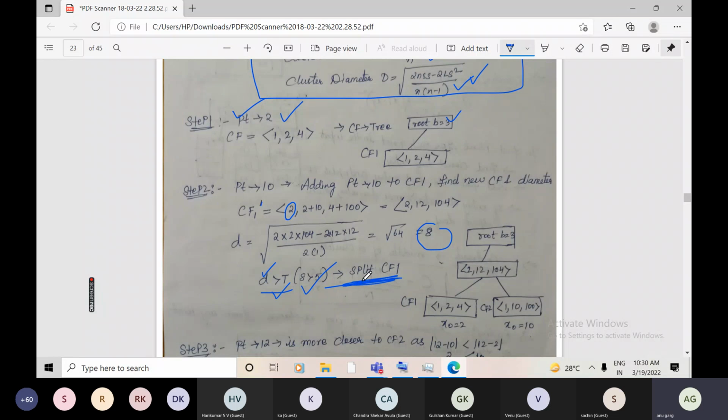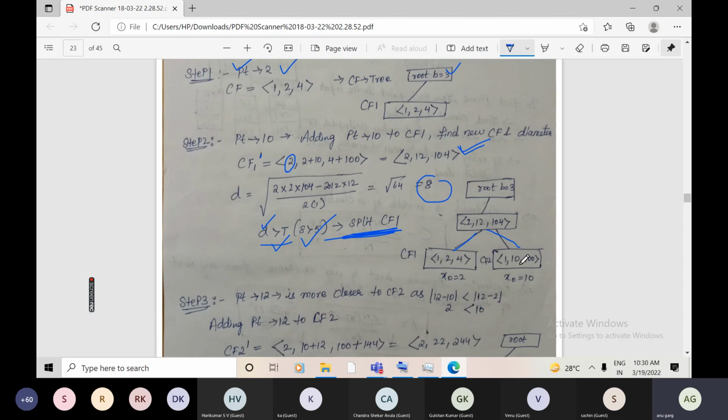What is your CF1? This one, right? Now your new CF1 is this one, so you have to split it into CF1 and CF2. So now this becomes your CF1 and this becomes your CF2. How do you split it? Just separate them: 1, 2, 4.